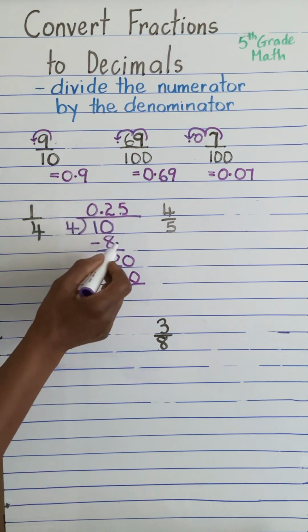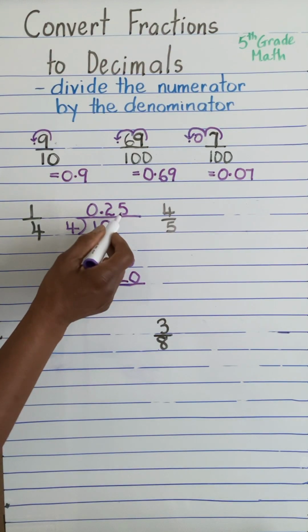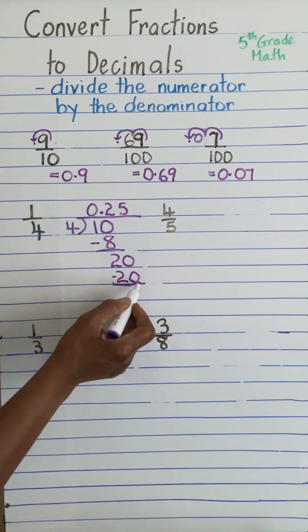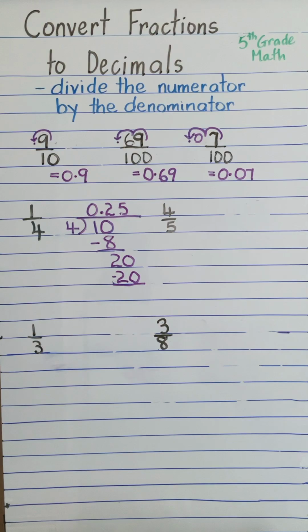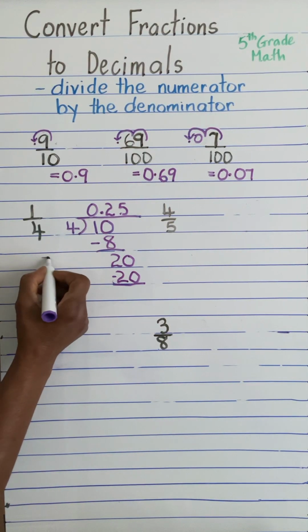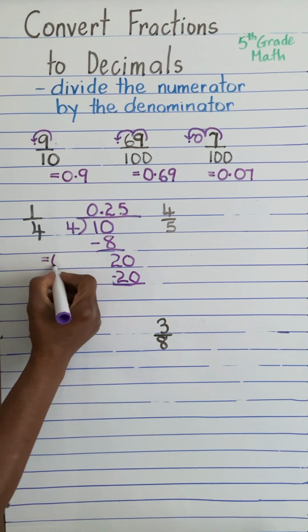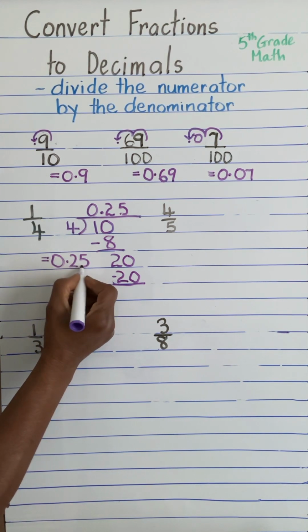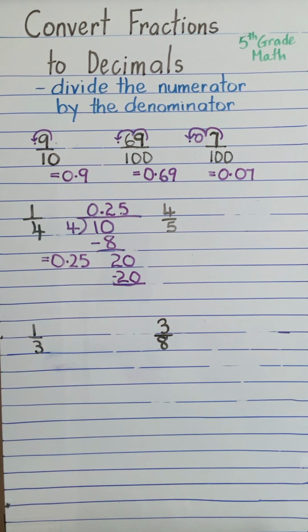How many times can 4 go into 20? That is 5 times. We multiply 5 times 4, 20, and then we subtract. So a quarter is equal to 0.25.